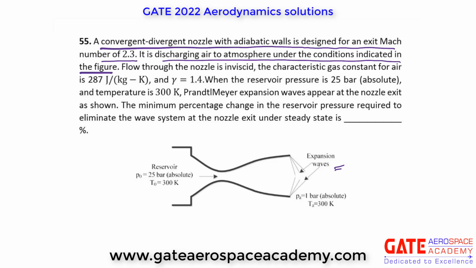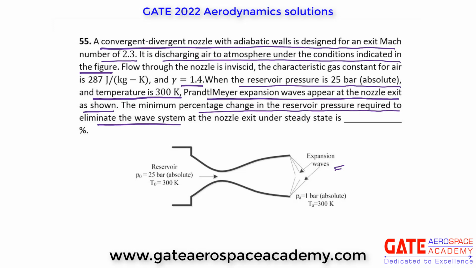Gamma is equal to 1.4. When the reservoir pressure is 25 bar absolute and the temperature is 300 Kelvin, Prandtl-Meyer expansion waves appear at the nozzle exit as shown. The minimum percentage change in the reservoir pressure required to eliminate the wave system at the nozzle exit under steady state is in percentage.